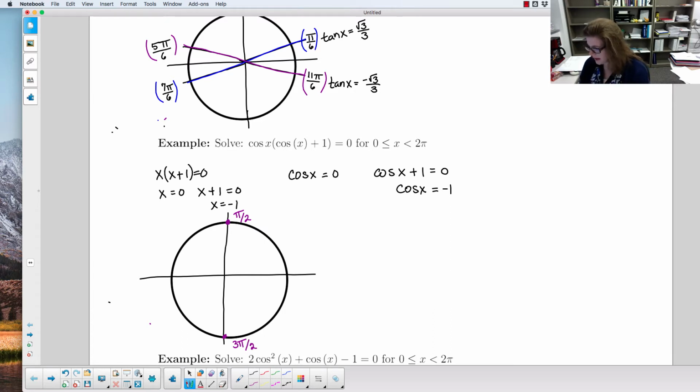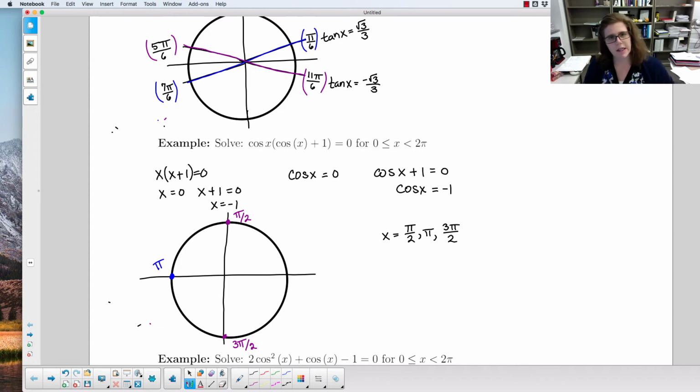As far as cosine of x equaling negative 1, there's only one of those, and it's here at pi. So our total solutions for this particular problem, x is equal to pi over 2, pi, and 3 pi over 2.